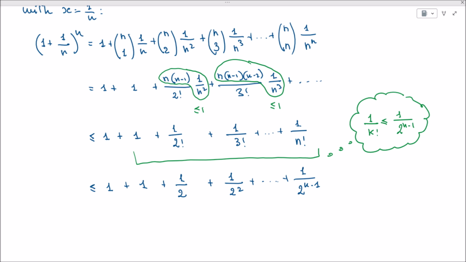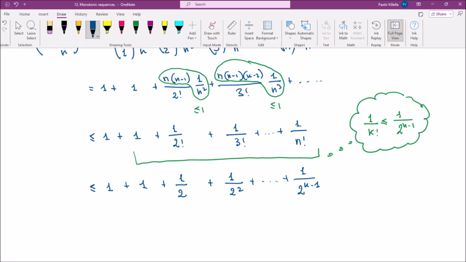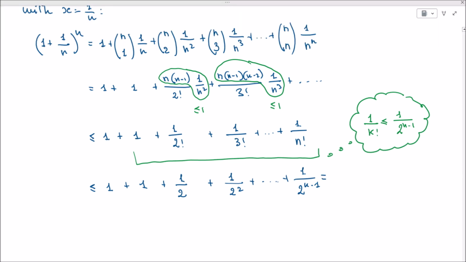We will prove this later, but let's assume the result for the time being. So we can then write that this part is just equal to what? Of course, let's rewrite this as 1, and then we have this sum.